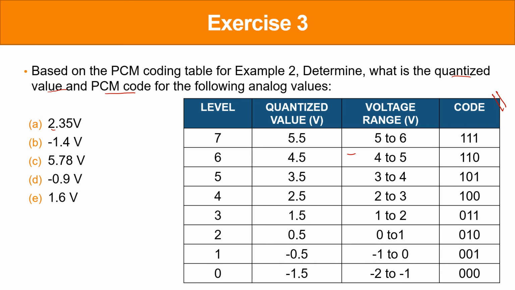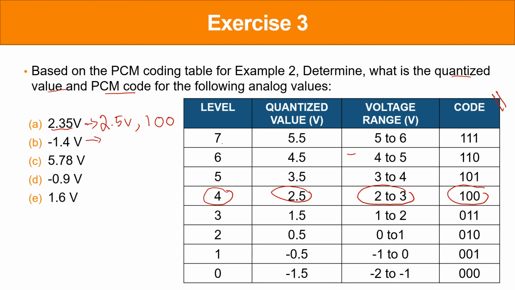Let's try A. The 2.35 volt analog value belongs to level 4, in between 2 to 3 volts, and then the quantized value is 2.5 volt, and the code is 100.